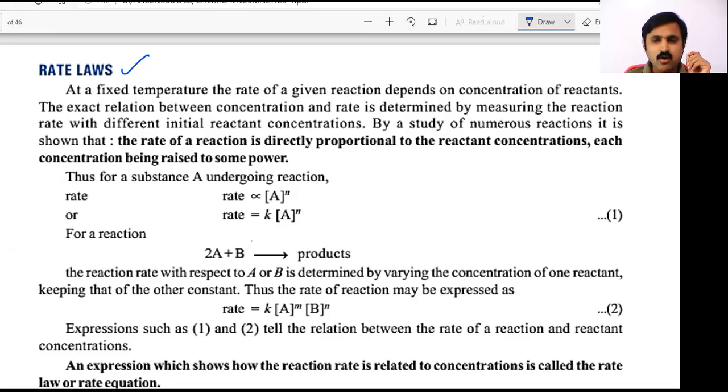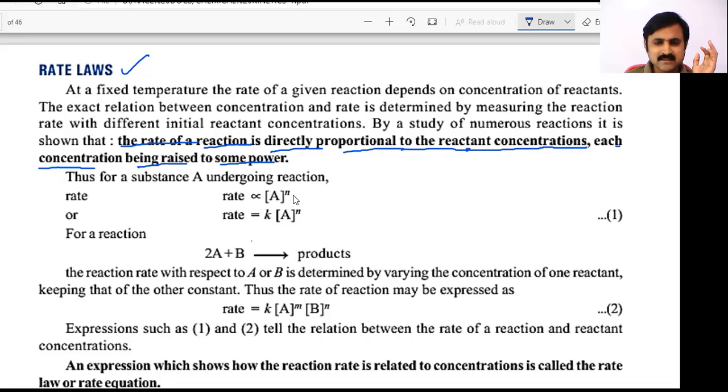By a study of numerous reactions, it is shown that the rate of reaction is directly proportional to the reactant concentrations, each concentration being raised to some power. Mathematically, take A giving rise to products.